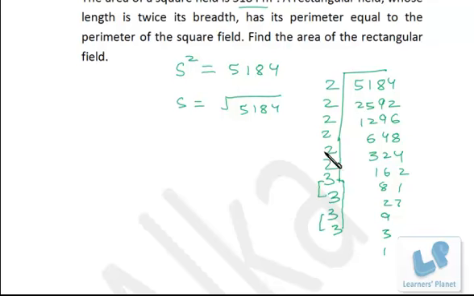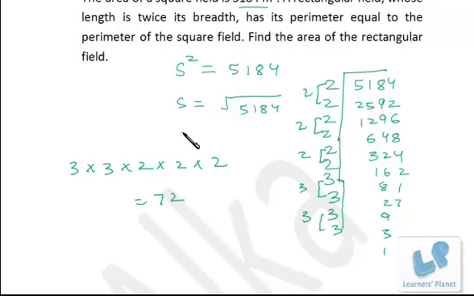Now we just have to find the square root. It's 2 2 2 3 3 pairs, so the square root will be 3 into 3 into 2 into 2 into 2. 3 3s are 9, 2s are 18, 2s are 36, 2s are 72. Okay, so the square root of 5184 is 72. That means the side of the square is 72, right?